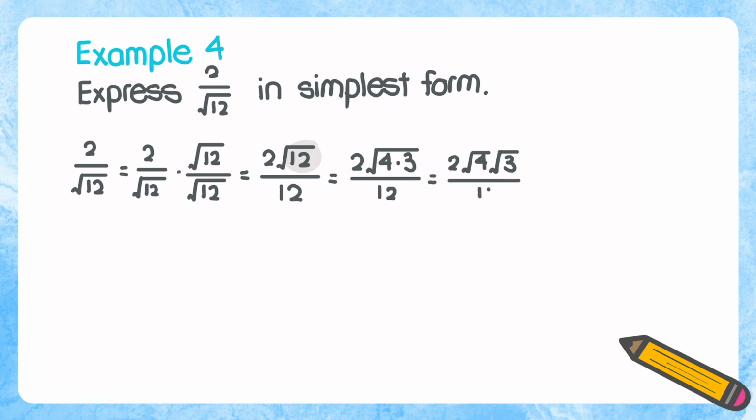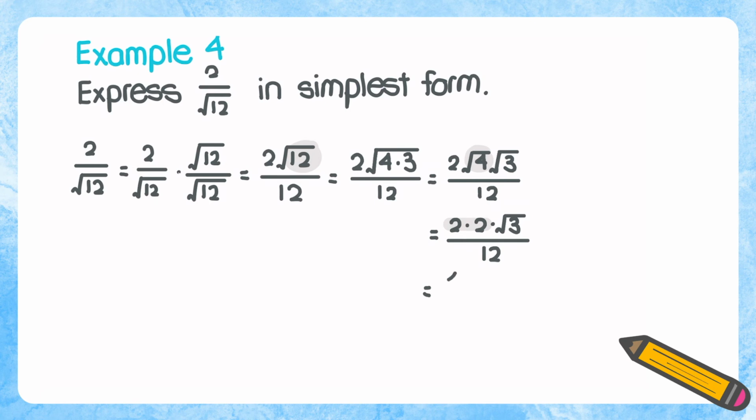over 12. And right here I have the square root of 4, which I can simplify to 2. So let's further simplify this. I have 2 times the square root of 3 all over 12. 2 times 2 is 4.